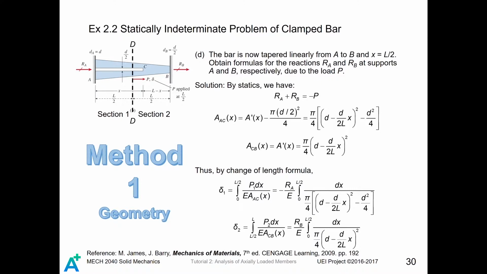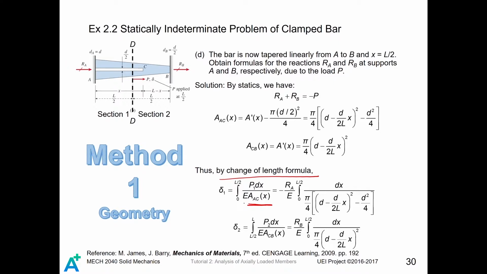Therefore, by considering all we have got in the previous slide, we can apply the change of length formula to segments 1 and 2. For segment 1, since this time x equals L over 2, the cross-sectional area for AC is just the cross-sectional area of section 1. We know for section 1, the force acting on it is minus RA because it is compressive.